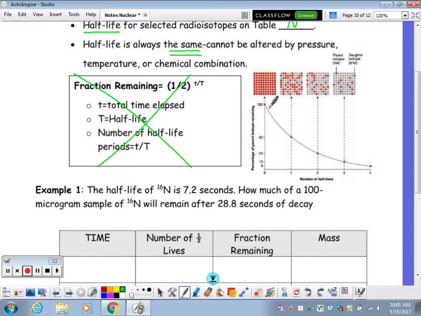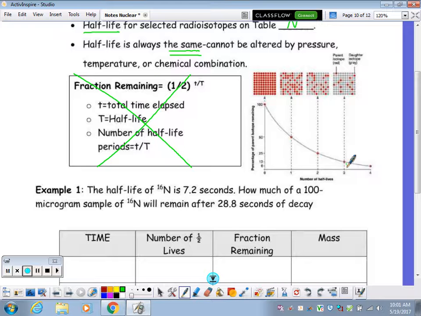The original mass, no half-life cycles have occurred. No matter what the original mass is, by the time you get to the first half-life cycle, that number is cut in half. And when you get to the second half-life cycle, that number is cut in half again. And when you get to the third half-life cycle, the number is cut again, and this continues on.